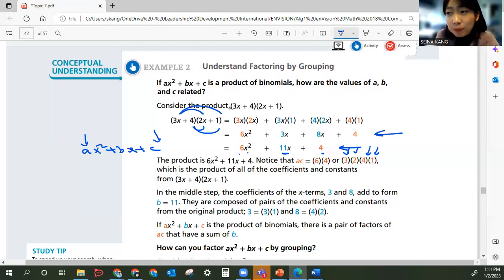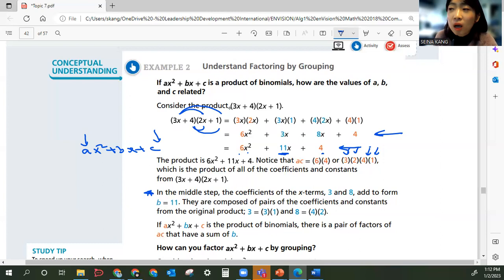Does that make sense? The middle step is a little more complicated, but you need to think: what two numbers add up to the middle number and also have the same factors as the first and last coefficients? Those are the relationships that we observe. So if ax² plus bx plus c is a product of binomials, there's a pair of factors of a times c that have a sum of b.